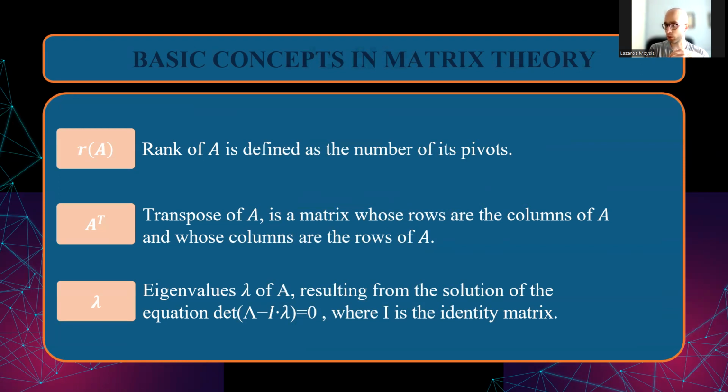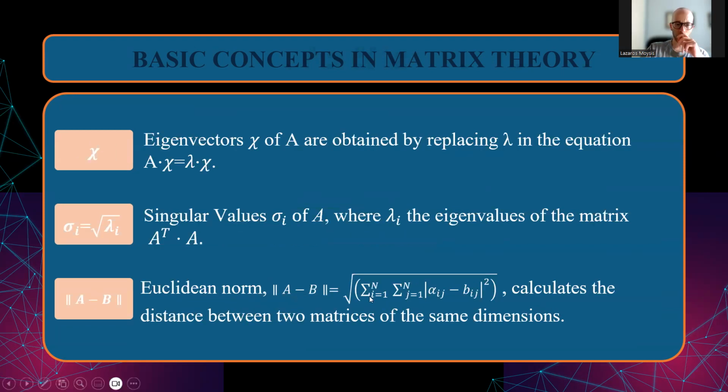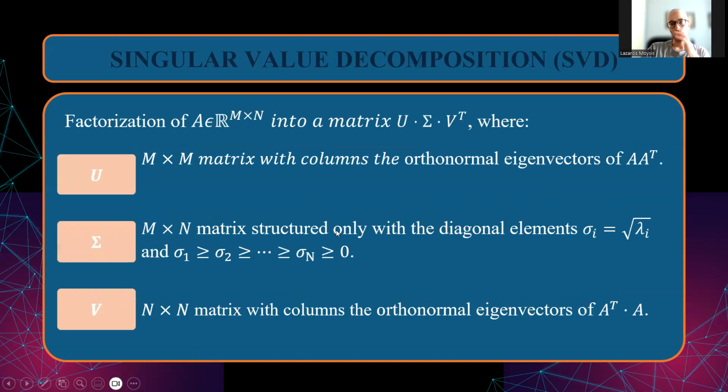So if you're a first-year student of linear algebra, these are things that you're going to learn, especially the eigenvalues, towards the end of the semester. Now, apart from that, we need some other basic stuff, which is the eigenvectors, the singular values of a matrix A, which are defined as the eigenvalues of this product right here, and of course, some very common norm, which is the Euclidean norm.